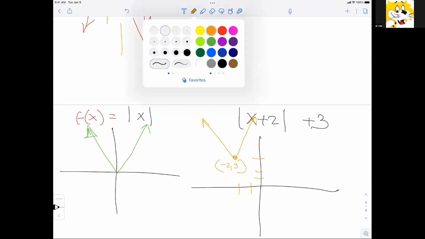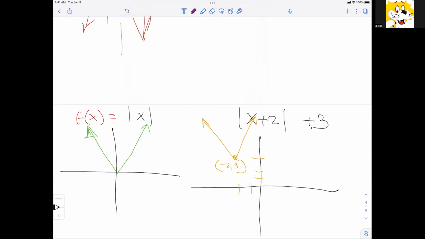Now, in an absolute value function, what would be my axis of symmetry here? What is that imaginary line that I put smack in the middle of the function?